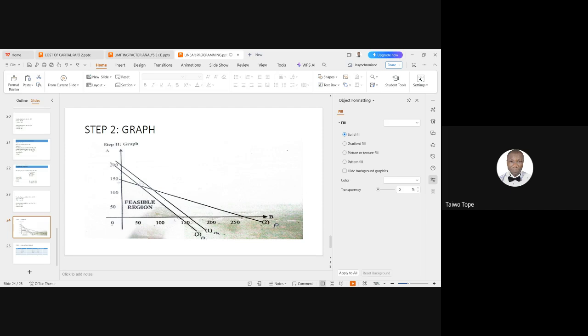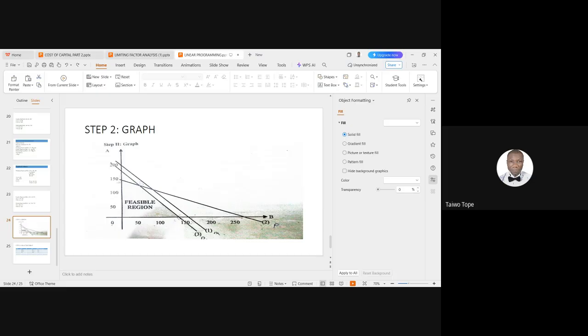And that point, I put B here, point B. And what are those two departments where we have intersection? The two lines, you should be able to identify them. Foundry and what? And painting. This point of intersection. We have another intersection, but we are not concerned about it because this is outside the visible region. It is the two lines of intersection that form the visible region that we are concerned about.